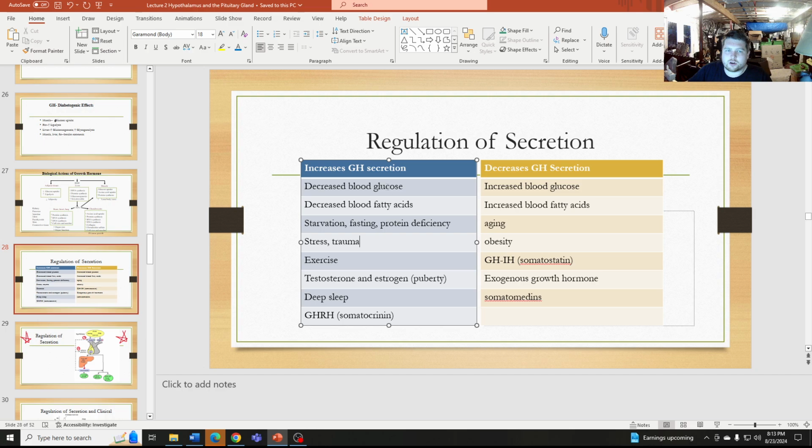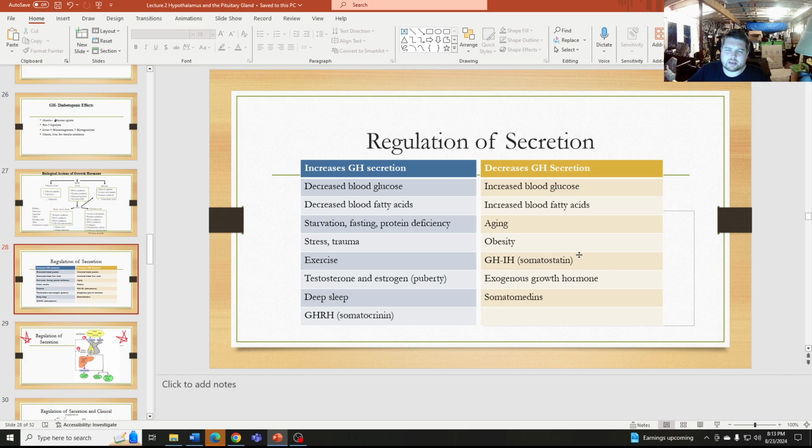With stress and trauma, we increase the growth hormone secretion. With exercise, it increases it. Deep sleep increases it. This is why sleep is so important. Testosterone and estrogen lead to increased growth hormone secretion. And then on the other side of this, all of these will decrease the growth hormone secretion, or at least are connected to a decrease in growth hormone secretion.